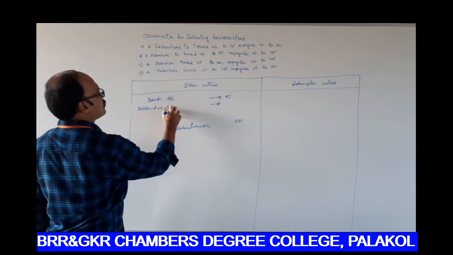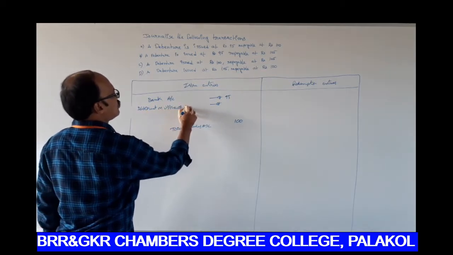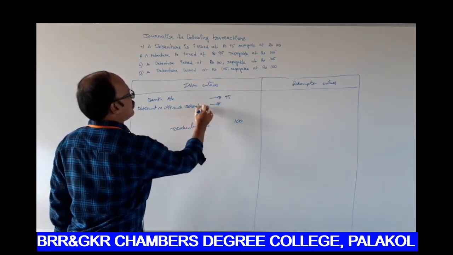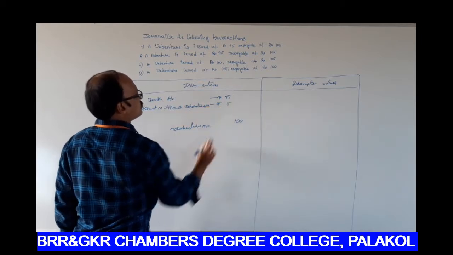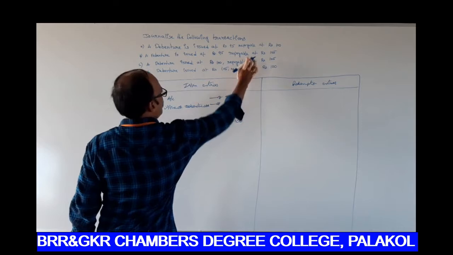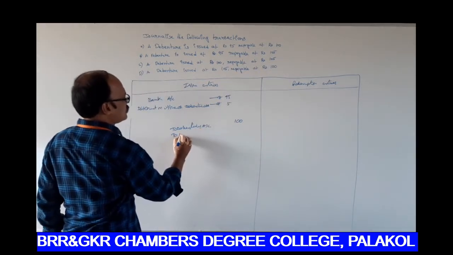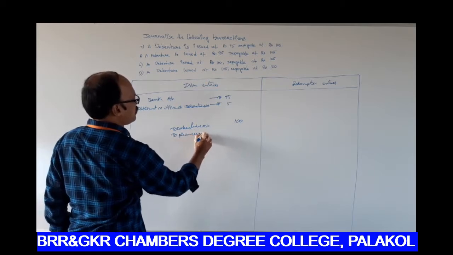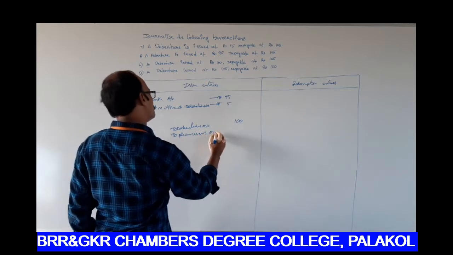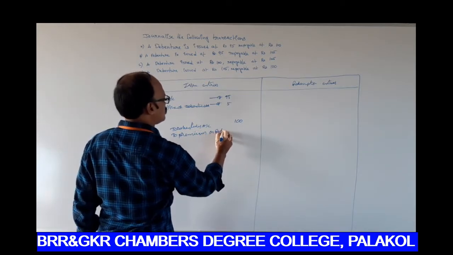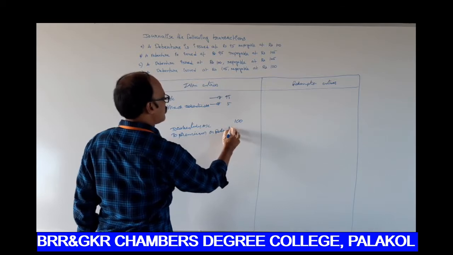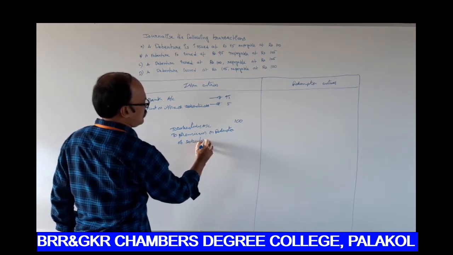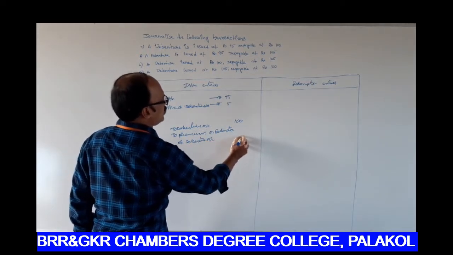Discount on issue of debentures account debit 5. But repayable at 105. So this is called premium. Premium on redemption of debentures account 5.